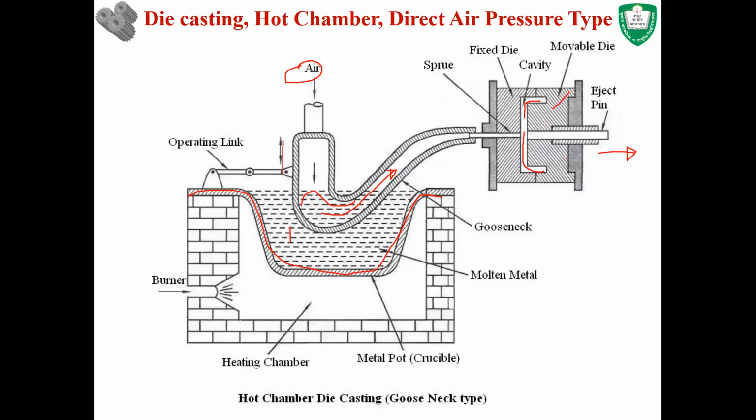Once the movable die is far away from the fixed die, the ejector pin is used to push this material out of the system. Once the dies get separated, the air pressure is also stopped. That is how this hot chamber die casting machine works.